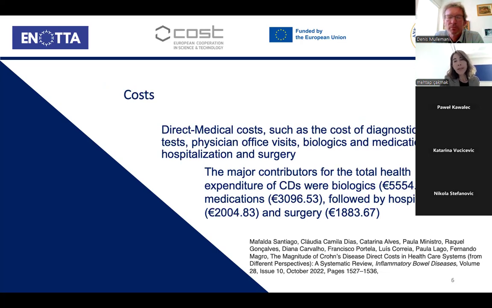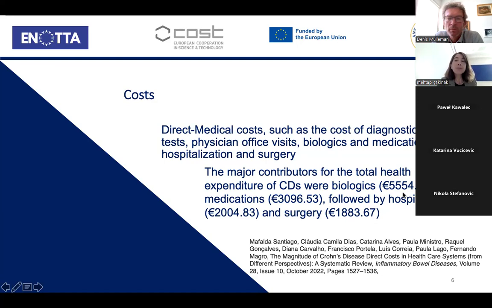When we are calculating costs, we should discriminate direct medical costs and indirect costs. Direct costs generally refer to the costs of diagnostic tests, drug costs, physician office visits, biologics and medications, surgery, hospitalization, these kinds of costs. And as you see here, the major contributors of the total health expenditure of Crohn's disease were biologics.